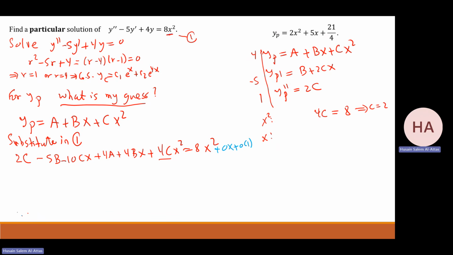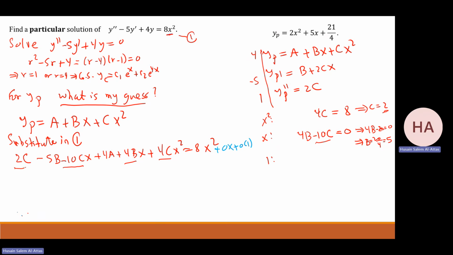So what's the coefficient of x? I have minus 10c and 4b. So I have 4b minus 10c, and that should equal 0. I know c is 2, so I have minus 20. So that means 4b minus 20 equals 0. So b equals 20 over 4, which is 5. So b equals 5.